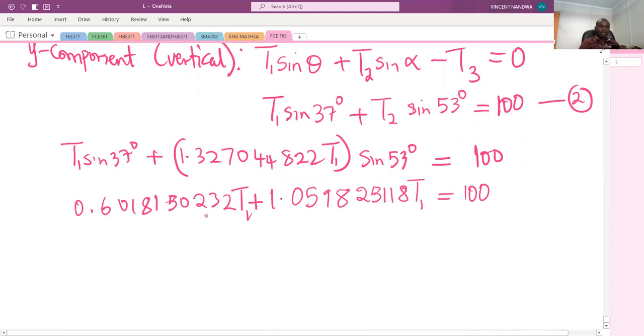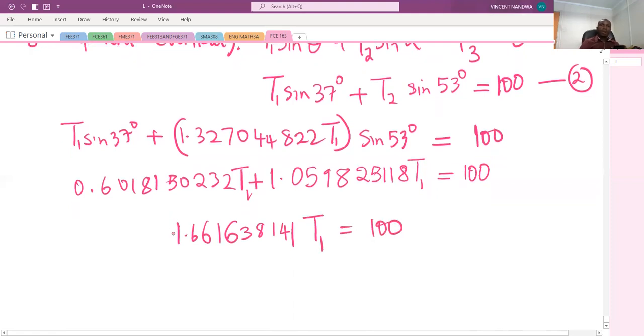So adding this and this, we'll have 0.6018 plus 1.0598, I get 1.661638141 T1 equals 100.